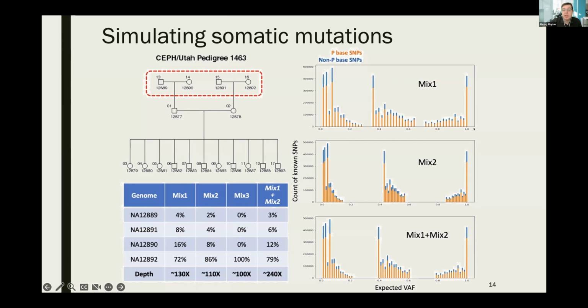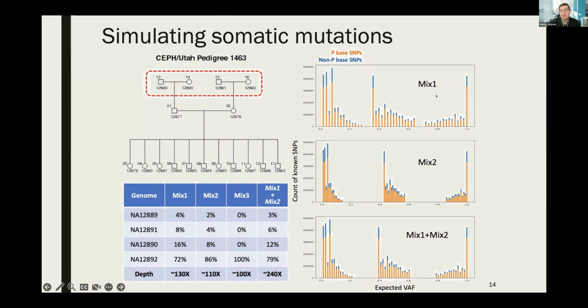So at the end, we simulated this kind of distribution of allele frequencies in the mix. So there was mix 1, these are proportions here, mix 2 are proportions here. And then if you combine mix 1 plus mix 2, you get slightly different proportions. But anyways, we physically mix cells to simulate a perfect experiment where you get a sample, and then we have all these allele frequencies.